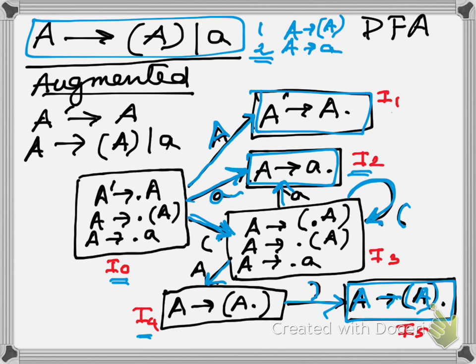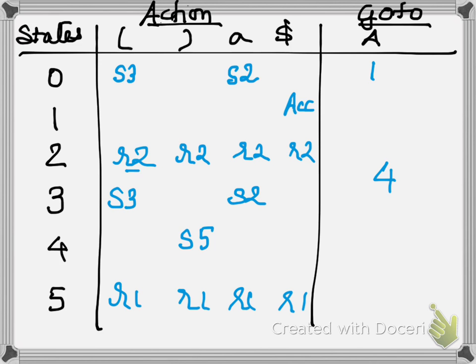And if it is a final state, then you use the reduce move. If it is reduce, then you have to put it across every column of the action part. And then you have your table ready.